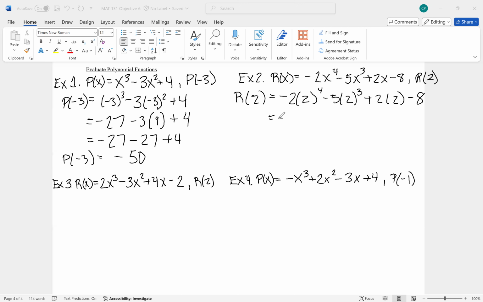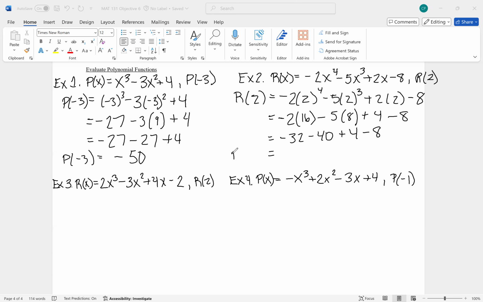So when we do that, we will have negative 2 times 16 minus 5 times 8 plus 4 minus 8. Then we will simplify again, do some multiplication. We'll have negative 32 minus 40 plus 4 minus 8.